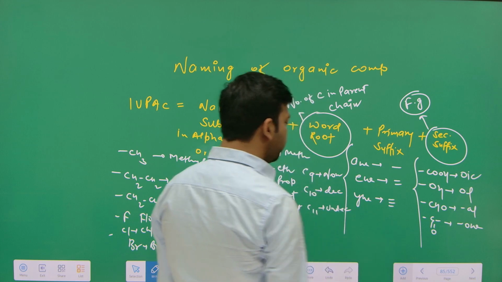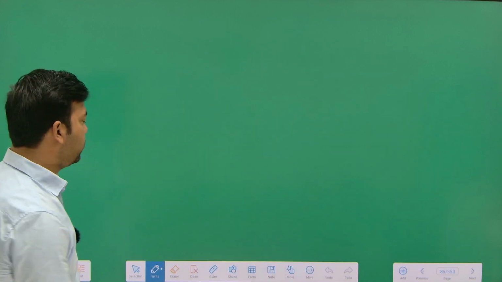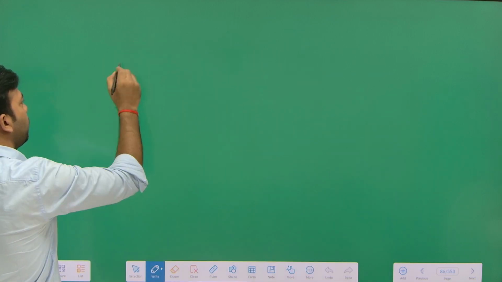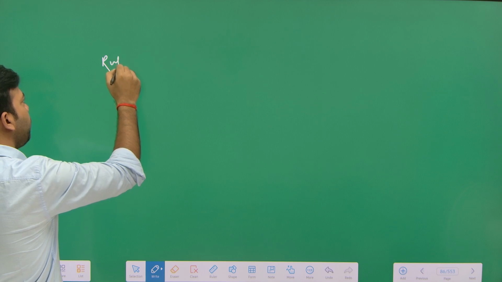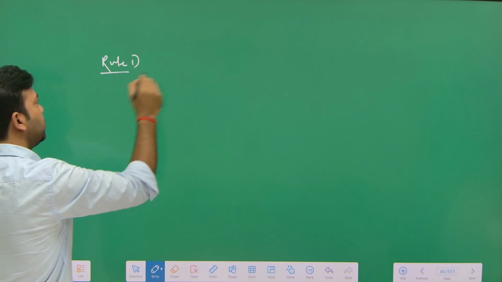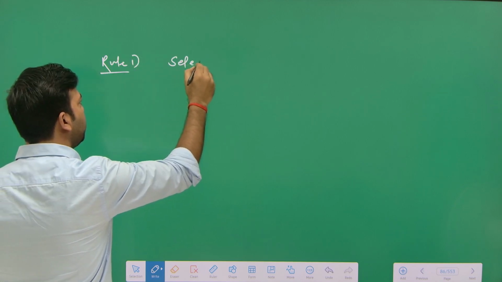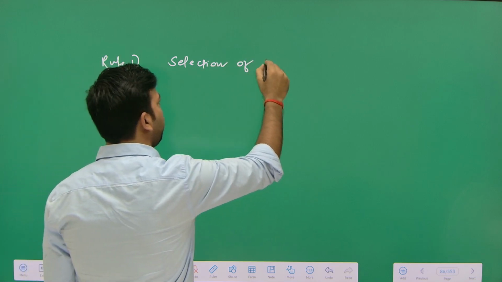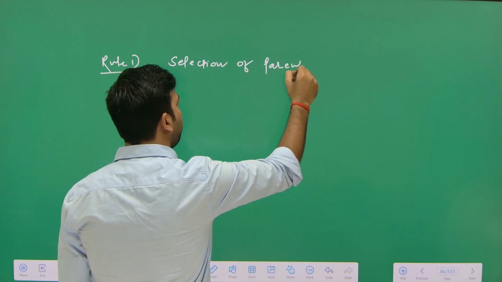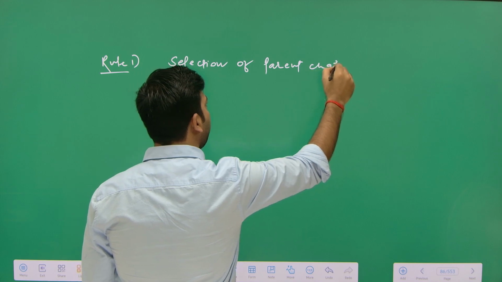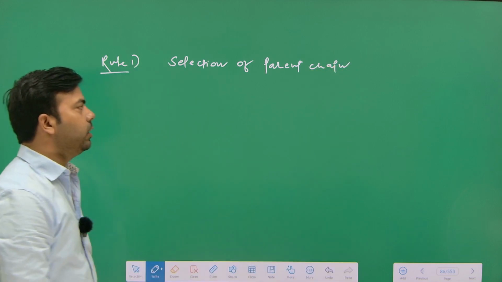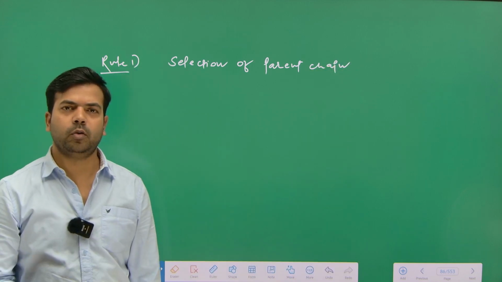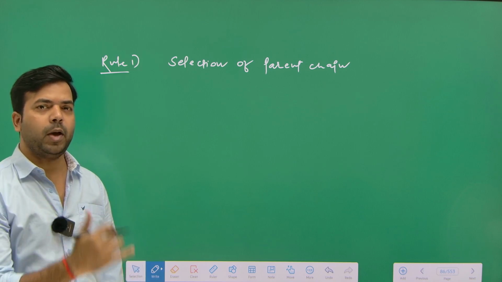So here we have some rules as well. Let's discuss rule 1: selection of parent chain. Look here, suppose we have any compound, then first of all we have to select a parent chain.